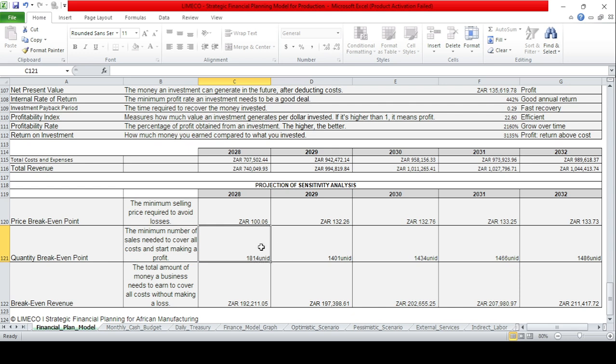We must sell above this quantity to get profit. And the minimum price must be 100 rands.